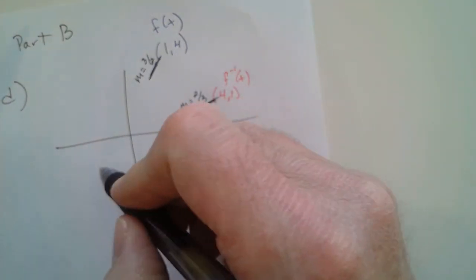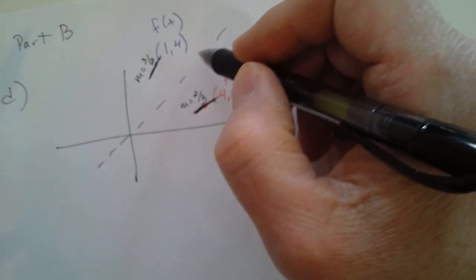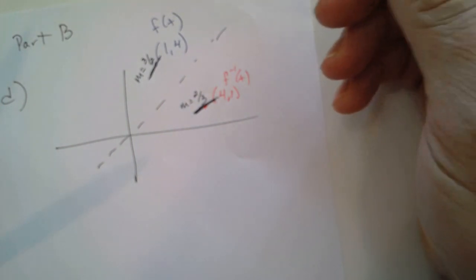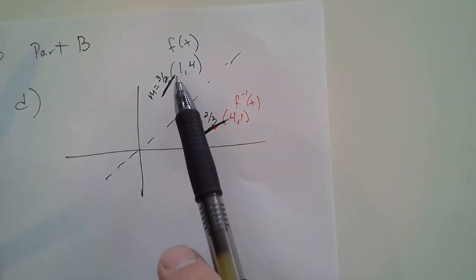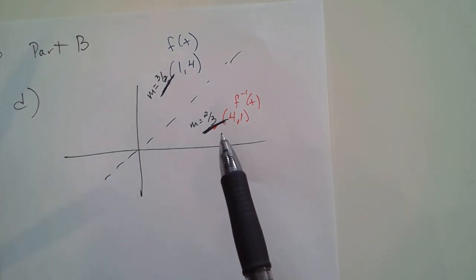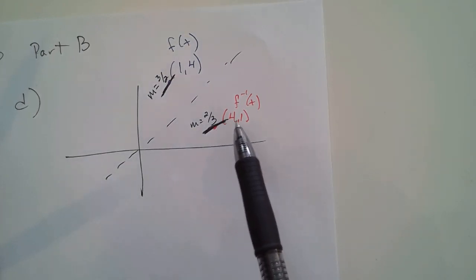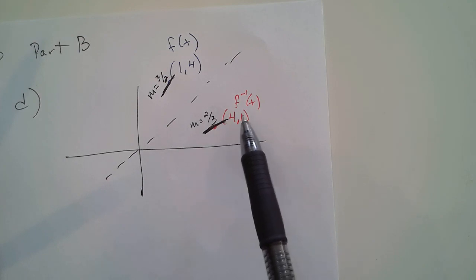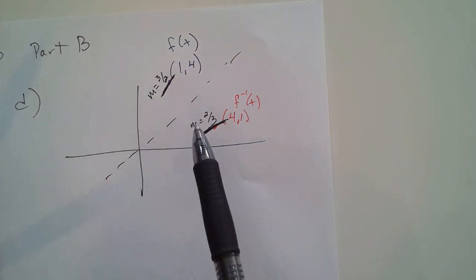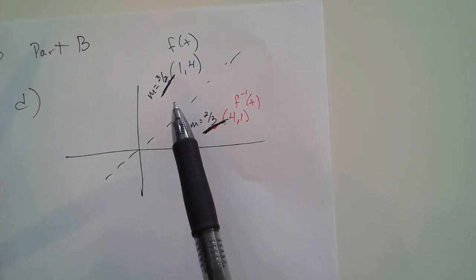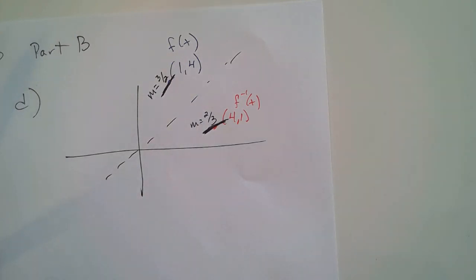The reason that's true is because they have to be symmetrical with the line y equals x. So a point on f of x, if it has slope 3 halves, then the reciprocal will be the slope of the corresponding point on the inverse. Not the opposite reciprocal. They're not perpendicular. They're just reciprocals of each other.